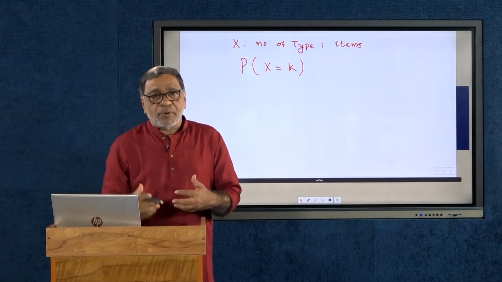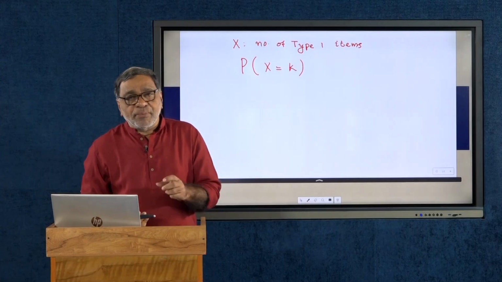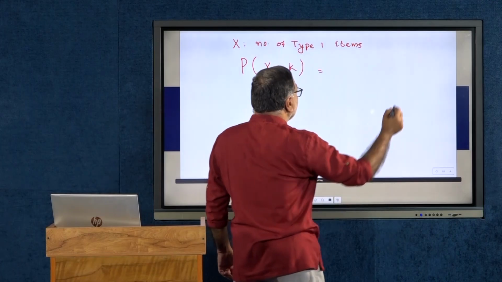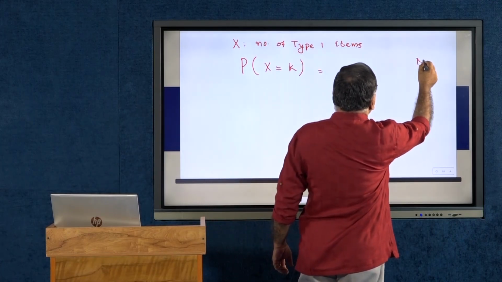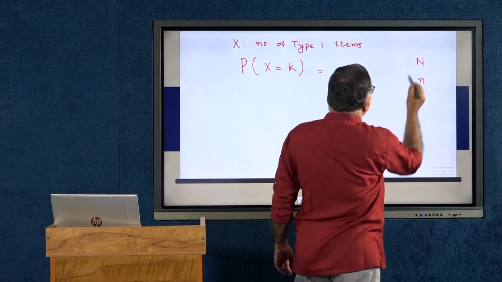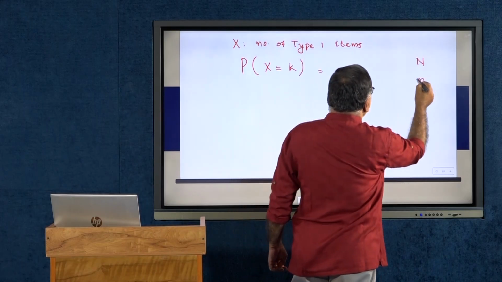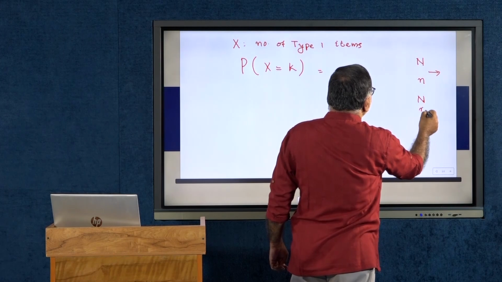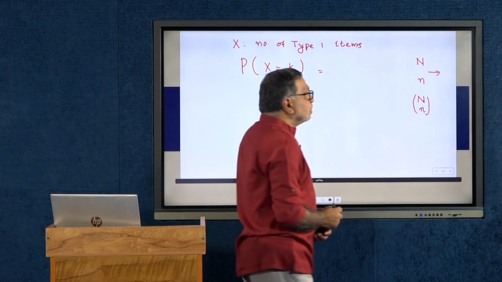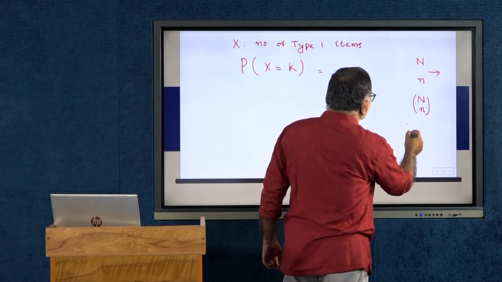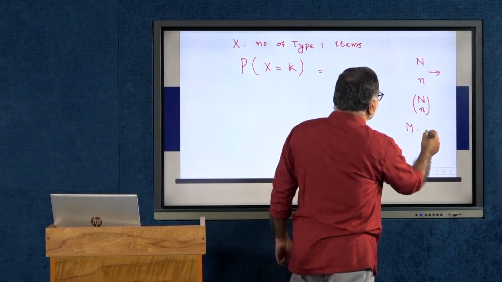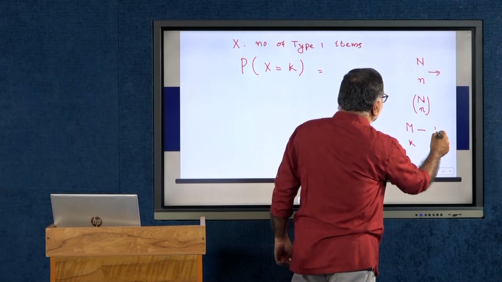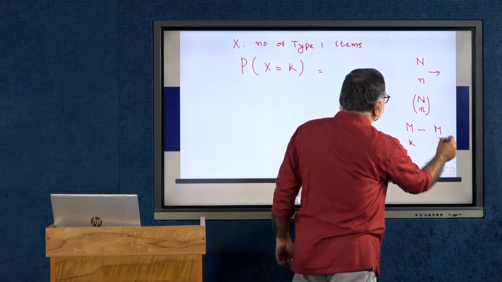So our problem is finding the probability of X equal to k. We have a population having N items and from this we are selecting n items. So the total number of possible ways is N C n. And we have M items of type 1 and we are selecting k items, so there are M C k possible cases.